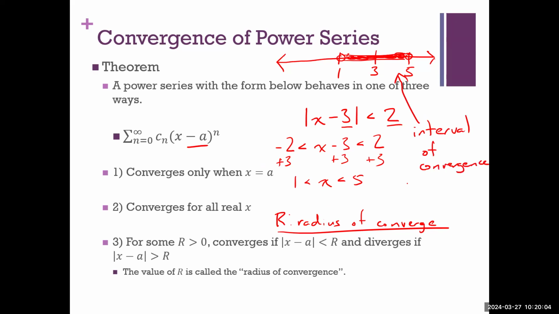And for me, this interval of convergence I'll write a couple different ways. One is 1 is less than X, which I already wrote, or the open interval 1 to 5. So the interval of convergence is a more specific thing that has that radius of convergence baked into it.